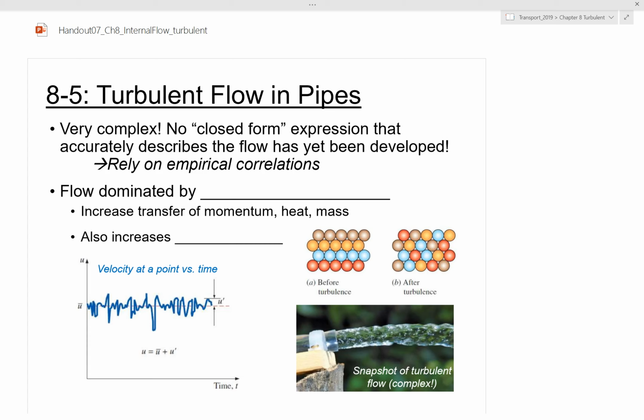So turbulent flow is rather very complex, and we don't have closed form expressions. So that's what makes it really challenging. One of the reasons why we do not have closed form expressions yet is because of the chaotic nature of the flow.